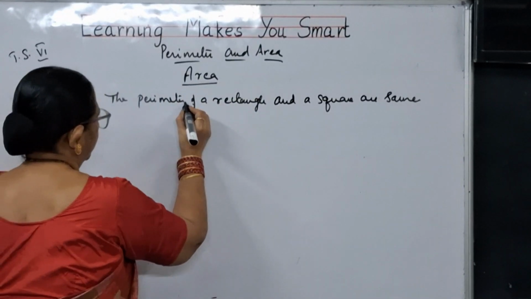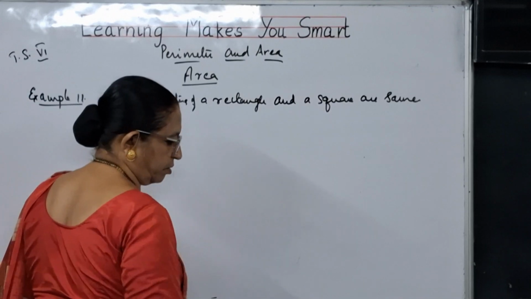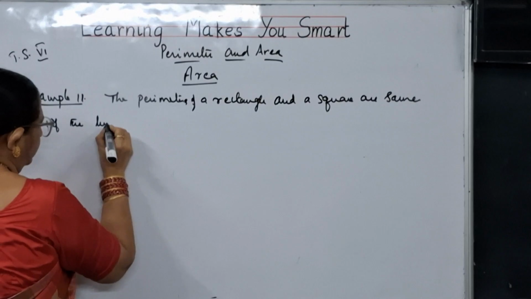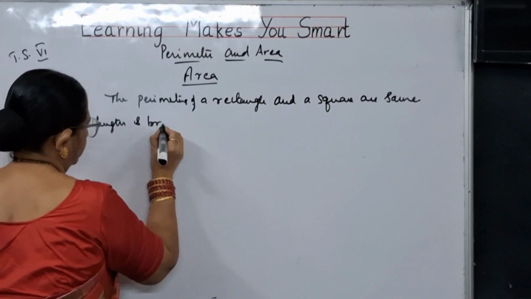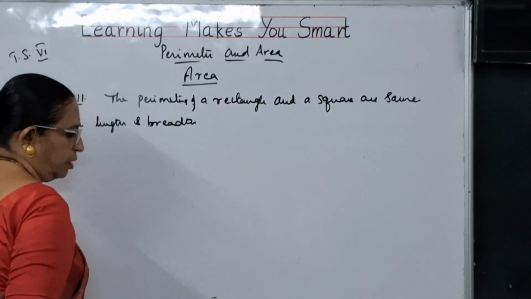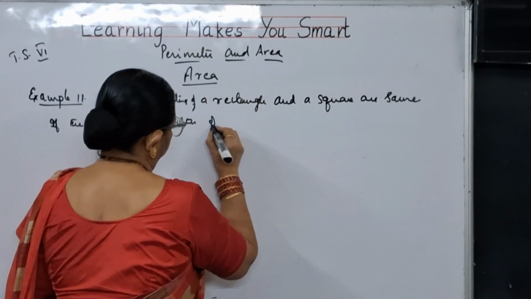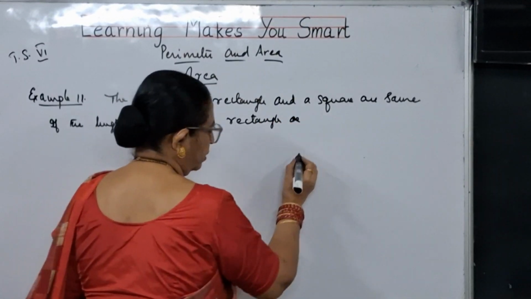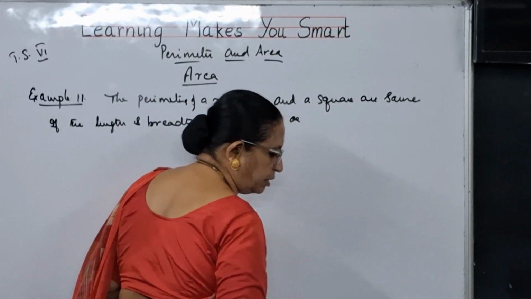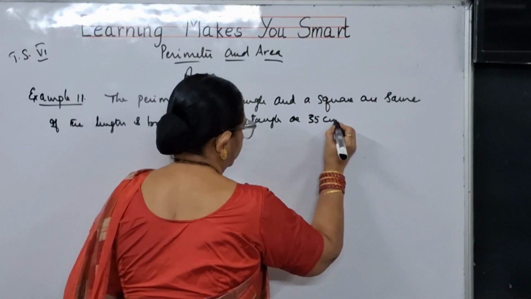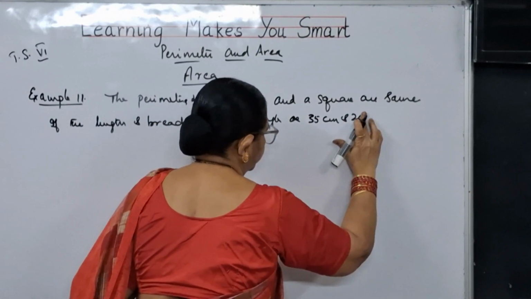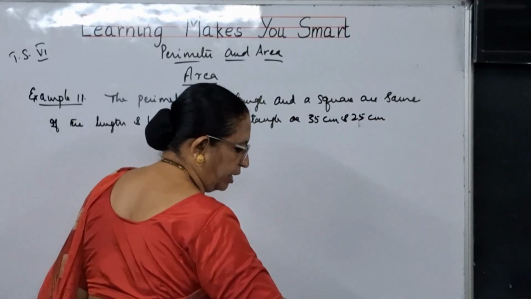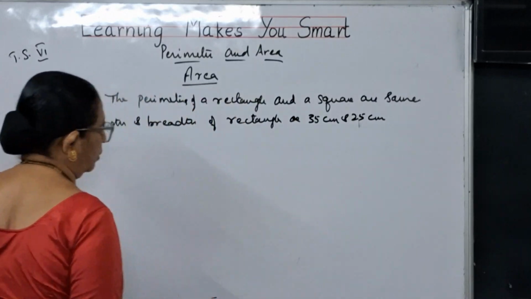If the length and breadth of the rectangle are 35 centimeters and 25 centimeters, find which figure has greater area and by how much.